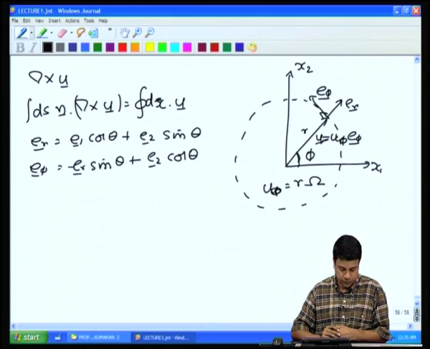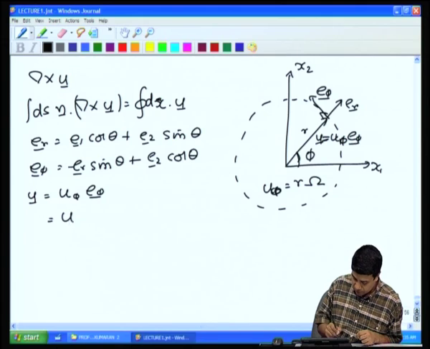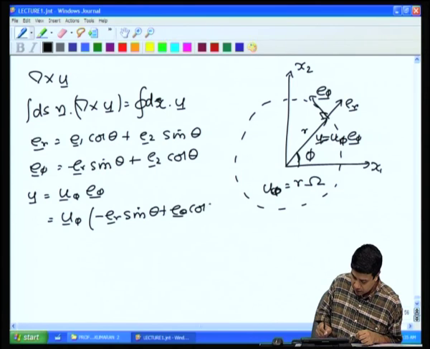So, the velocity field is given by u is equal to u phi E phi, which is equal to u phi into minus E1 sin theta plus E2 cos theta.